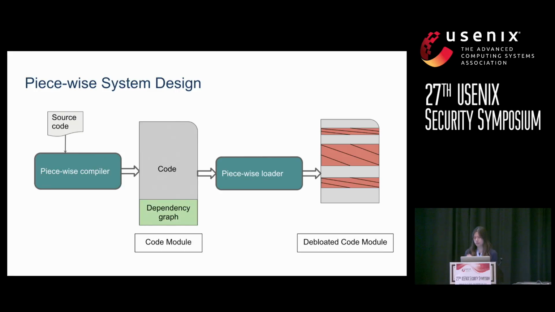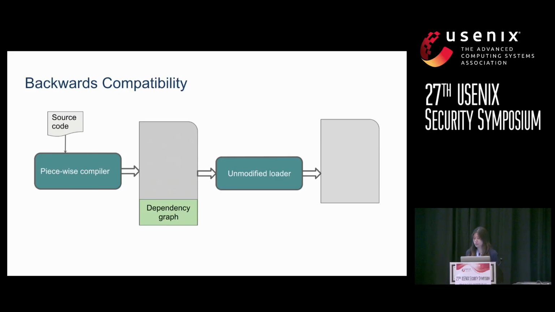The framework does provide backwards compatibility in two ways. So if you have an unmodified loader trying to load a code module compiled by the piecewise compiler, it will just ignore the dependency graph because it's written onto an optional ELF section. So it doesn't require loading that section onto the memory. It will ignore the dependency graph and just load the code module as usual.